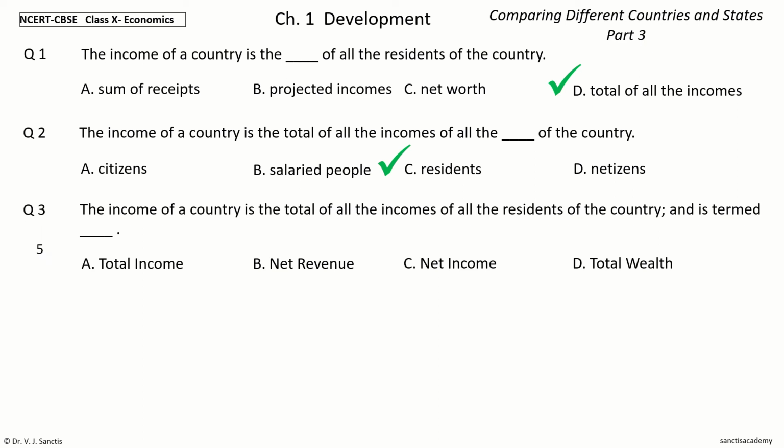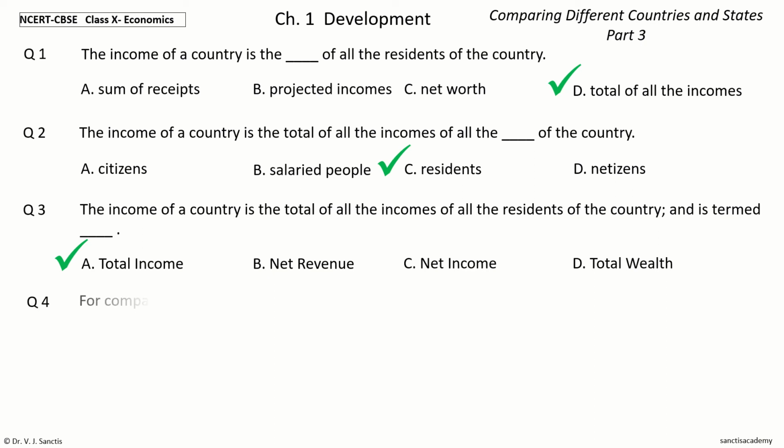Your time to choose. And the answer is total income. So, the income of a country is the total of all the incomes of all the residents of the country and is termed total income.